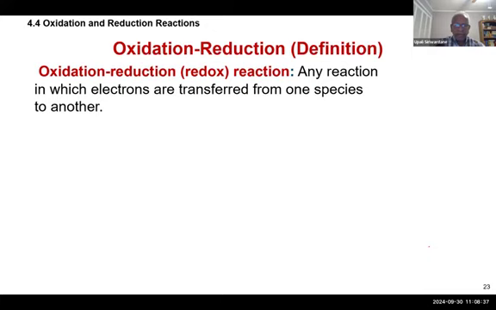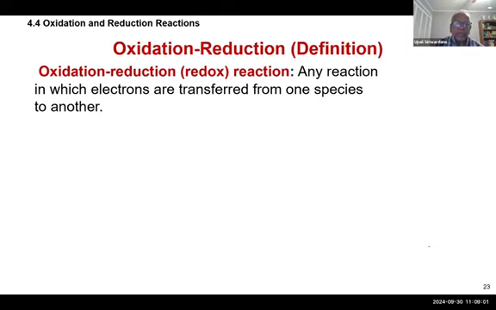We also talked a little bit about acid-base reaction, general definition. Okay. Gas formation reaction. Not in detail. The third category is oxidation reduction reaction.